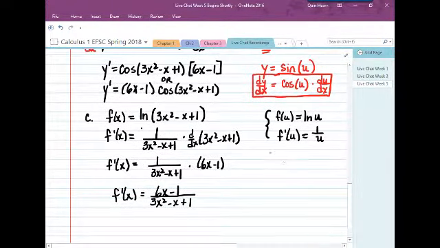Or in this case, if we had f of u equals the natural log of u, but instead of differentiating with respect to u like that, we differentiate with respect to x, then dy dx or df of u dx is going to be 1 over u times whatever the derivative of u is.